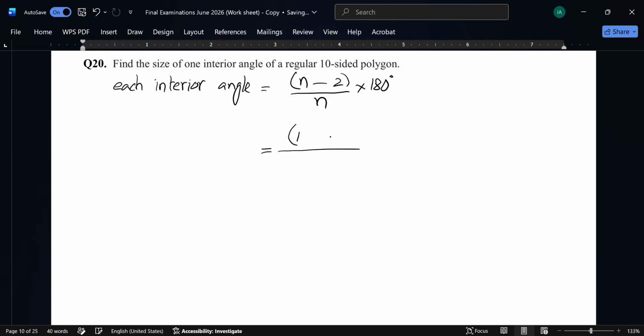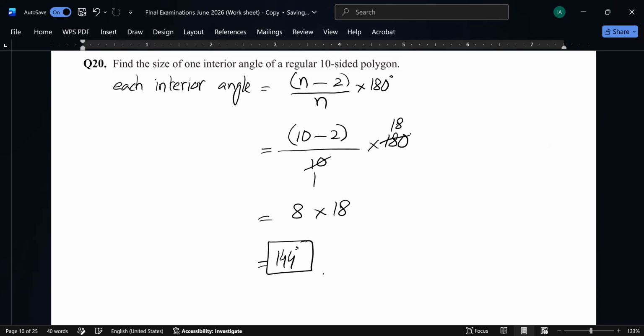So it's (10 minus 2) over 10 times 180. Now 10 times 1 times 18, so it's going to be 8 times 18. So let's calculate the value of 18 times 8. That's going to be 144. So the interior angle of a regular 10-sided polygon will be 144.